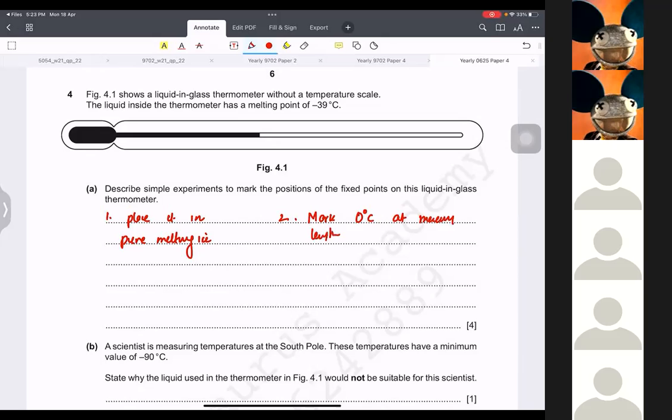Third, place it in pure boiling water. Fourth point, mark 100 degrees at the mercury length. That's pretty simple, right?